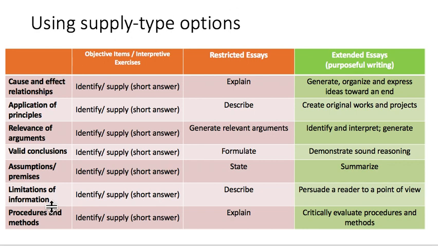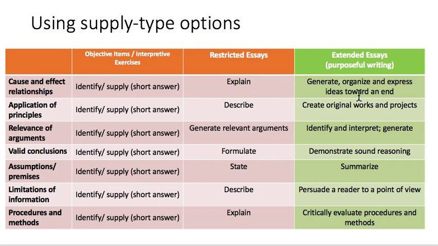Different types of relationships over here, right? And so if I'm talking about cause and effect relationships, whether it's in ecosystems or I'm talking about Spanish colonization or the Civil War, right? Short answer items will have me identify different causes, different effects, right? Restricted essays will be targeted more at having them explain how those things are related and why a cause resulted in the effect that it did.